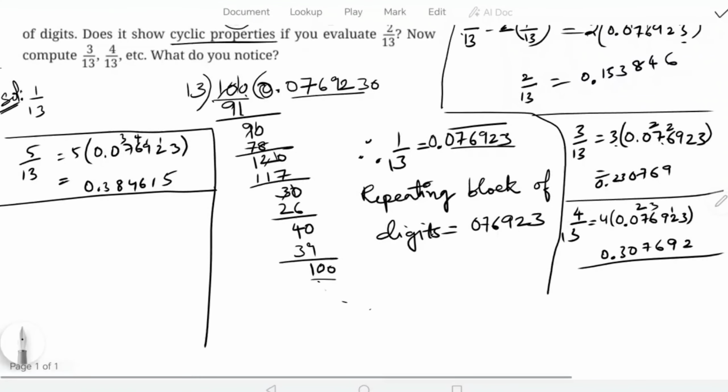Let us do one more number, that is 6 upon 13. So 6 into 0.076923. 6 threes are 18, 6 twos are 12 plus 1 is 13, 6 nines are 54 plus 1 is 55, 6 sixes are 36 plus 5 is 41, 6 sevens are 42, plus 4 is 46.